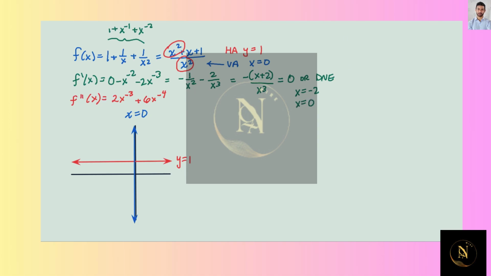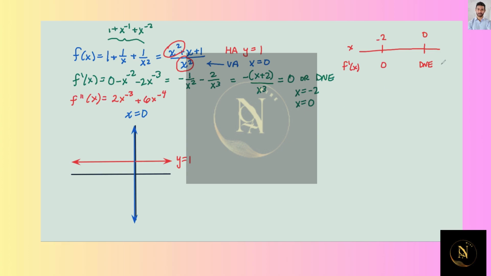So what we should do is keep track on a sign chart of everything we've been learning. Okay, so if this is x and then this is f prime of x, we know at 0 we have a DNE type. Let's go do that a little bit higher. We have a DNE type 0 critical point, and then here at minus 2 we have a 0 type. And we can go ahead and find in each interval whether the derivative is positive or negative.